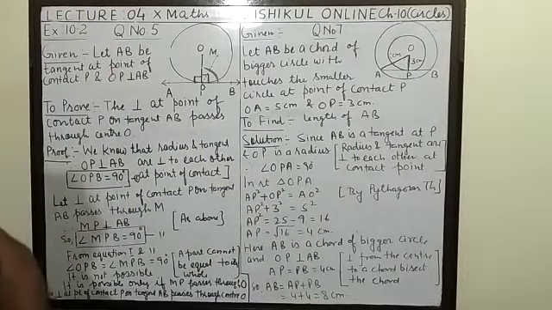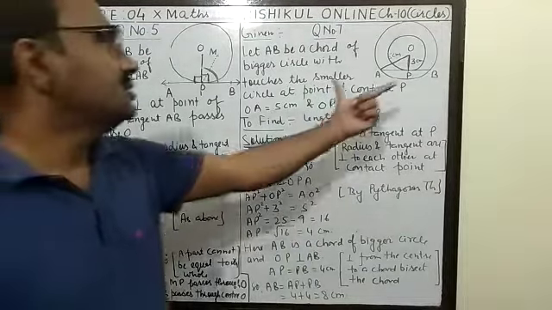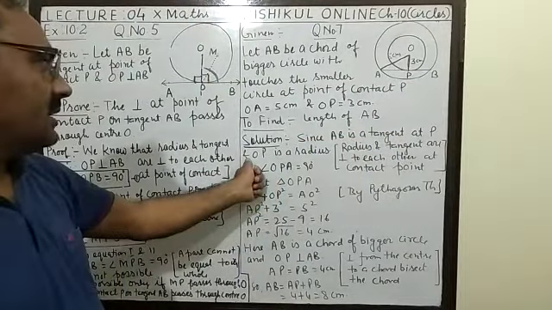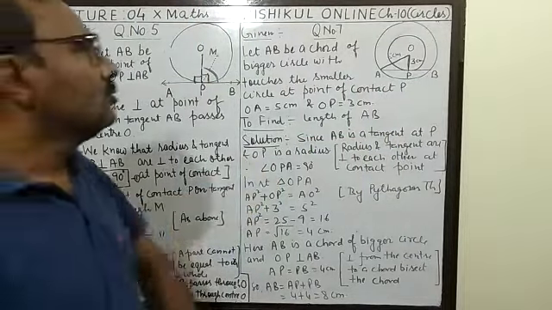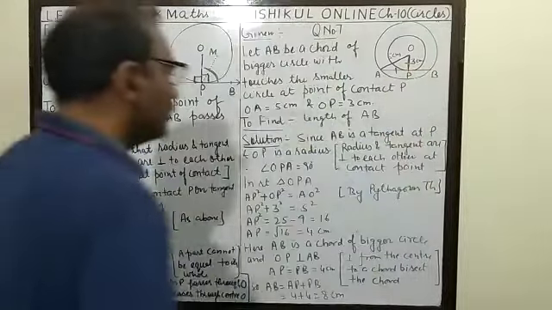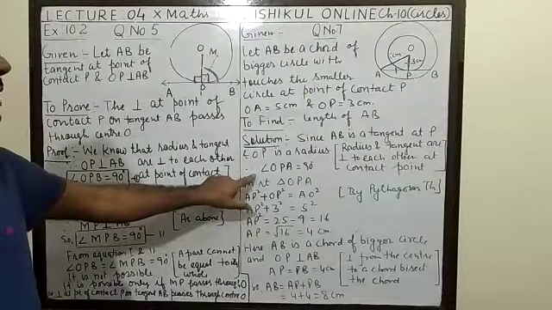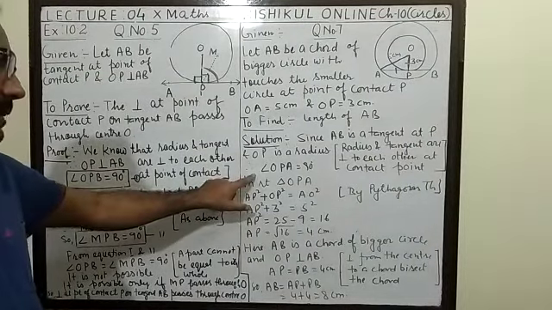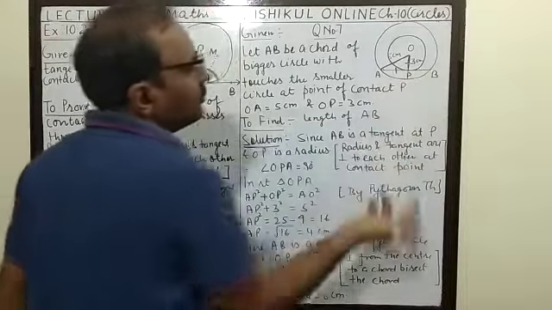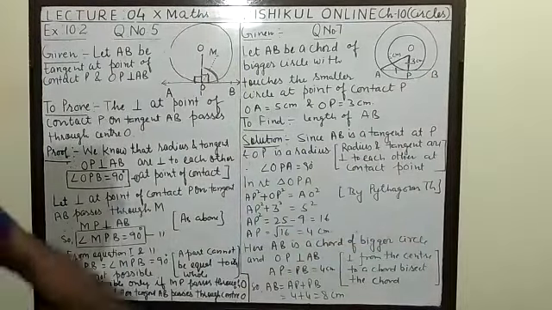Solution. You know very well, AB is a tangent at point of contact P and OP is a radius. Therefore, radius and tangent are perpendicular to each other at contact point.